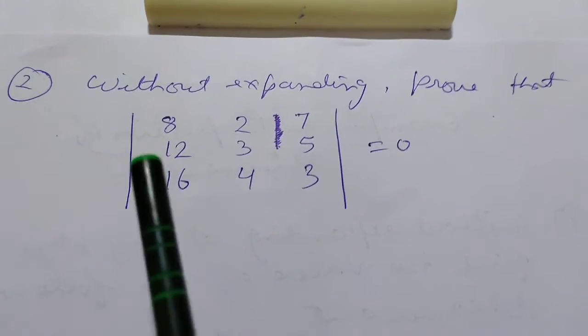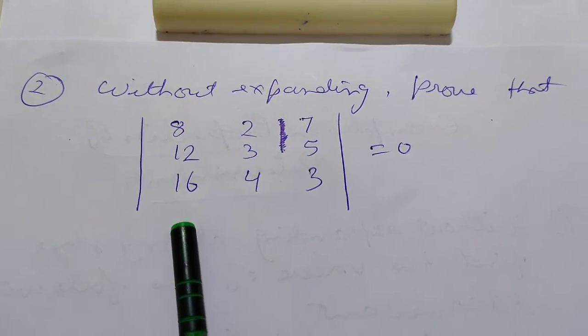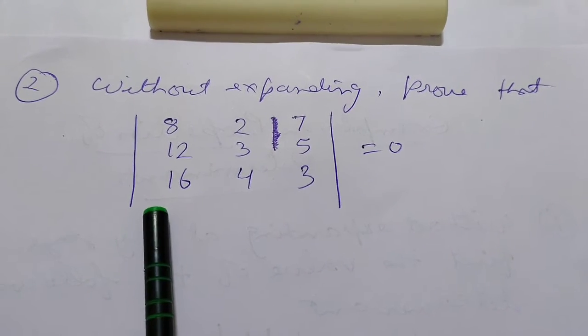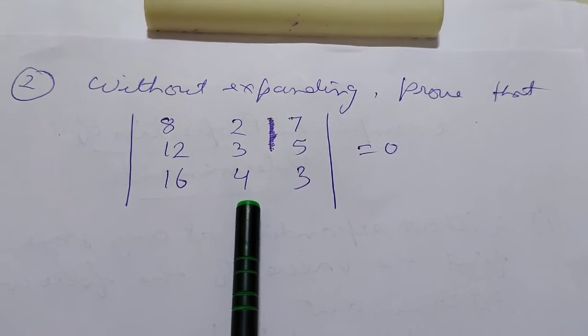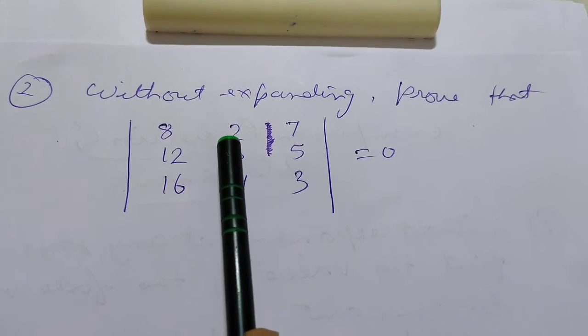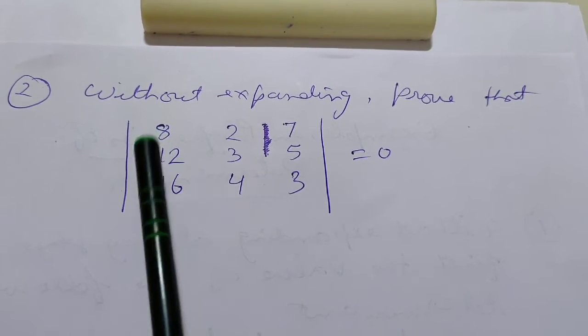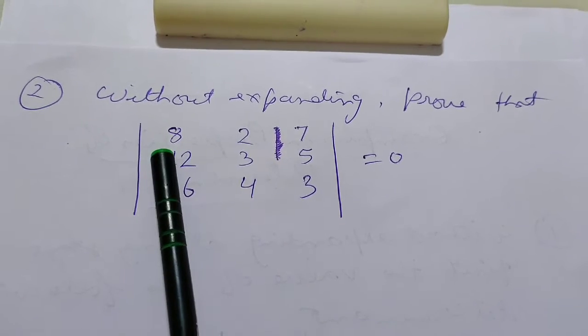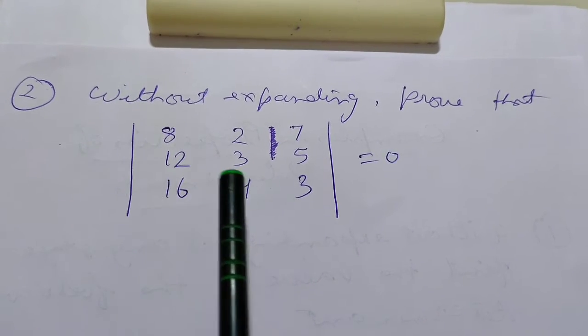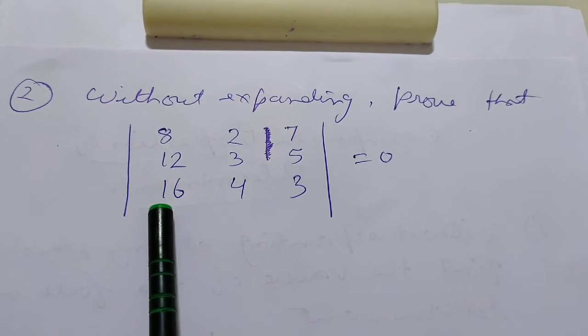You can see very clearly, this is column 2 and this is column number 1. See it very carefully. What do you observe? Is there any relation between the elements of column 2 and column 1? 2 into 4 is 8. 3 into 4 is 12. 4 into 4 is 16.